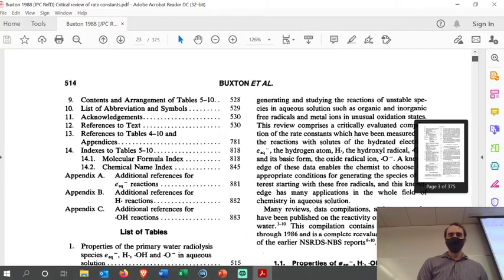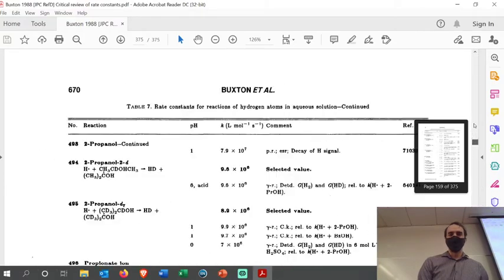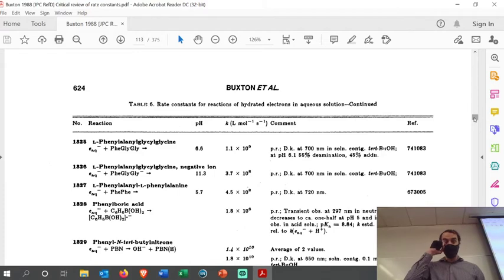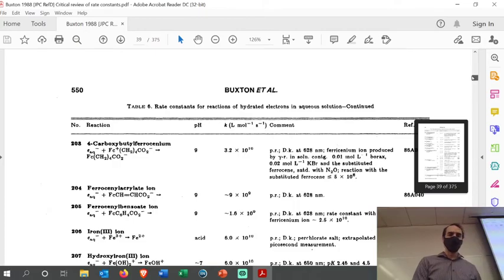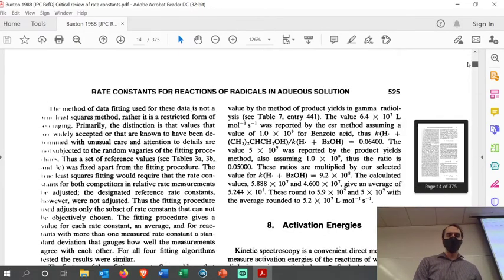That's pretty incredible. So anyway, this paper, this reference database, essentially pulled all these different reaction rates of hydroxyls and the H atom, and I think hydrated electrons. So it's kind of like an electron in solution, which also acts kind of like a radical.